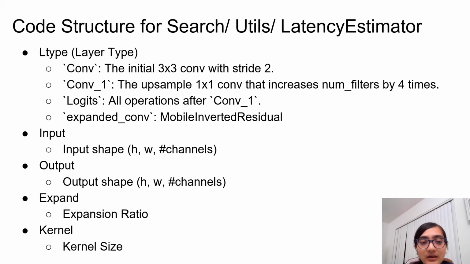The logits layer type has all the operations performed after convolutional 1. And expanded convolutional is the mobile inverted residual, so it is compatible with mobile NAS.